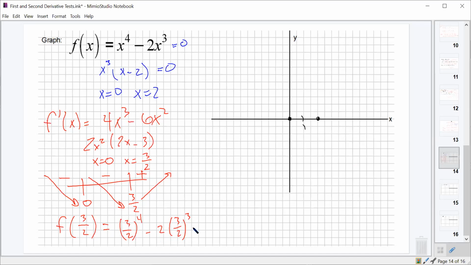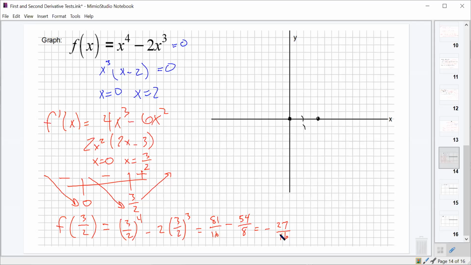What does that come out to be? 81/16, right? Minus 54/8, which is what? Negative 27/16. Hopefully my arithmetic's right on that.